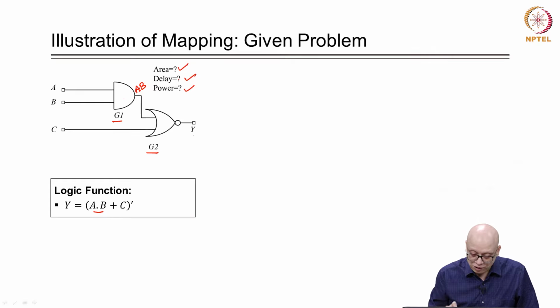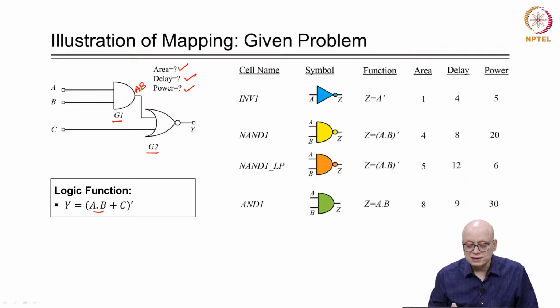And for this netlist, let us assume that a set of libraries is given in which these are the cells, right. Now, we are taking only a few cells just for illustrative purposes. Typically, a technology library will contain say hundreds of cells, right. But for the illustrative purpose, let us assume that the technology library contains only these 4 cells. So, we have an inverter, right.